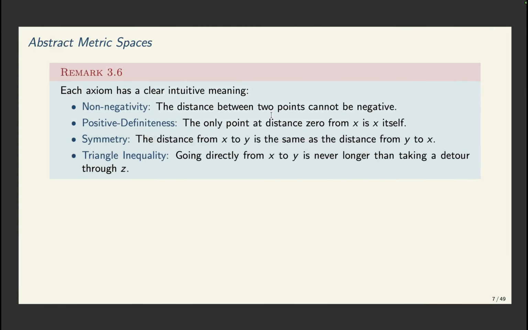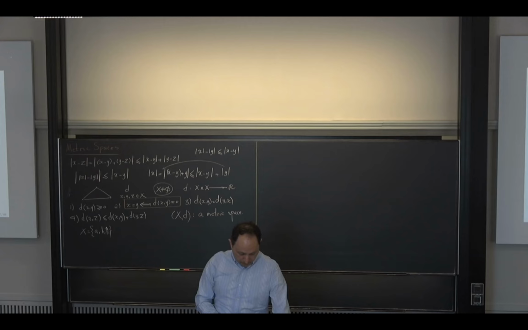It tells us that the only point at distance 0 from x is x itself. Symmetry means the distance from x to y is the same as the distance from y to x. And triangle inequality: going directly from x to y is never longer than taking a detour through z. Yes, that's the intuitive meaning of these axioms.